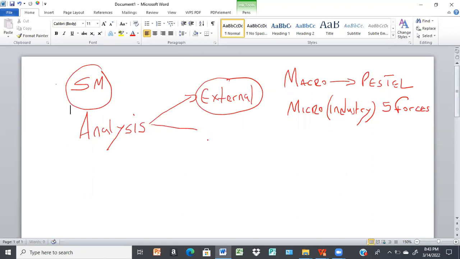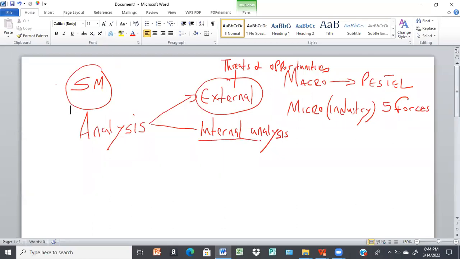Then you come to internal. When you're doing an external analysis, you're looking at identifying the threats and opportunities.